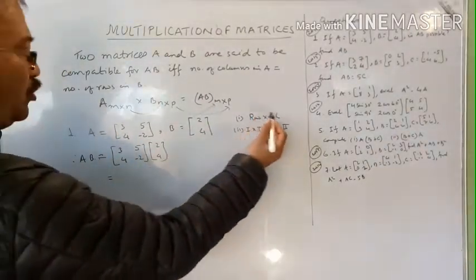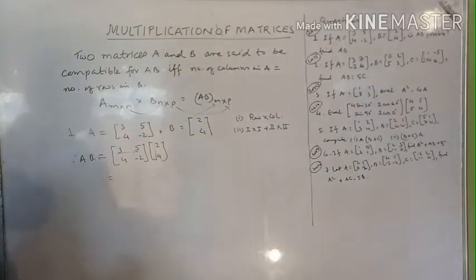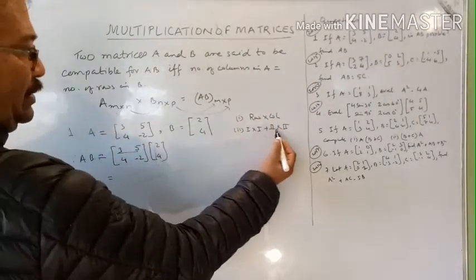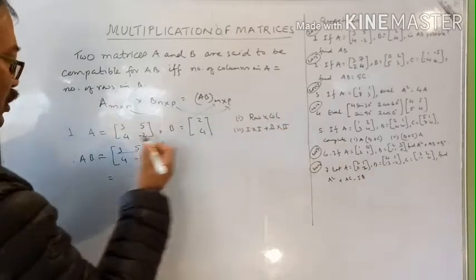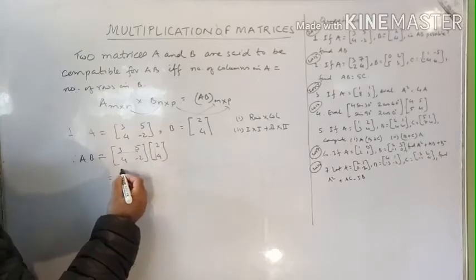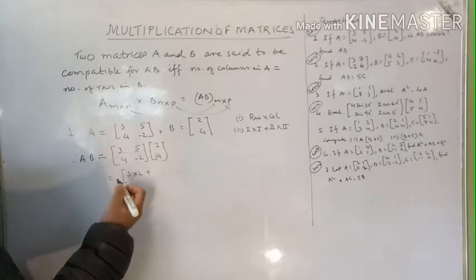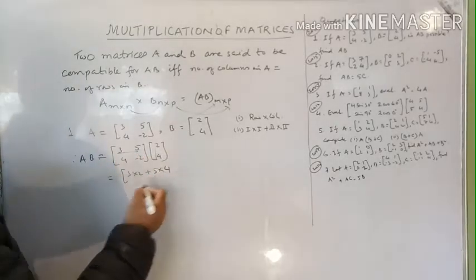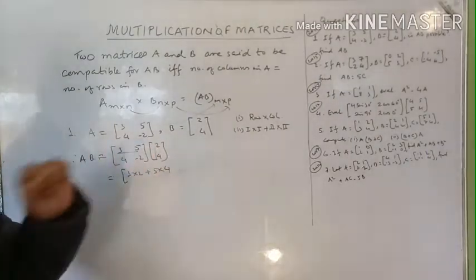First we choose the row and column. We take the first row and there is only one column, so row into column. Now first element into first element plus second into second. So this is 3 into 2 plus, now second into second, 5 into 4. We multiplied by the first row, so we write it in the first row.